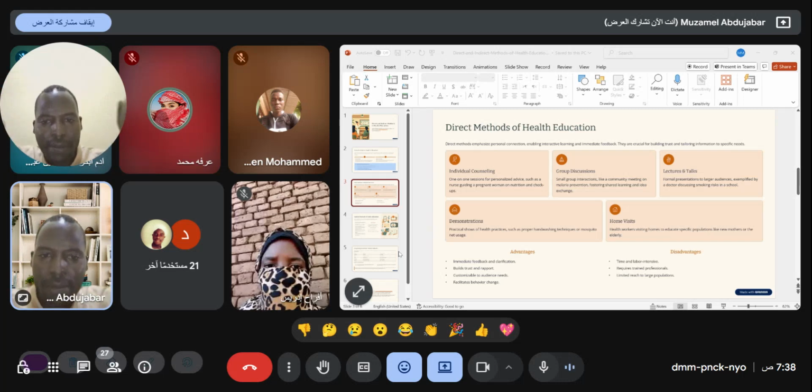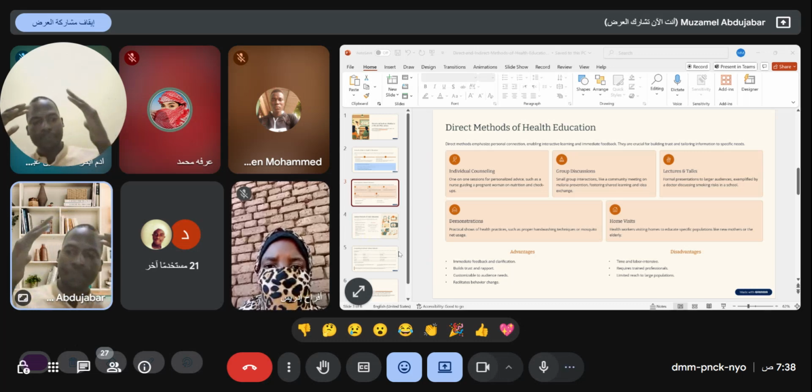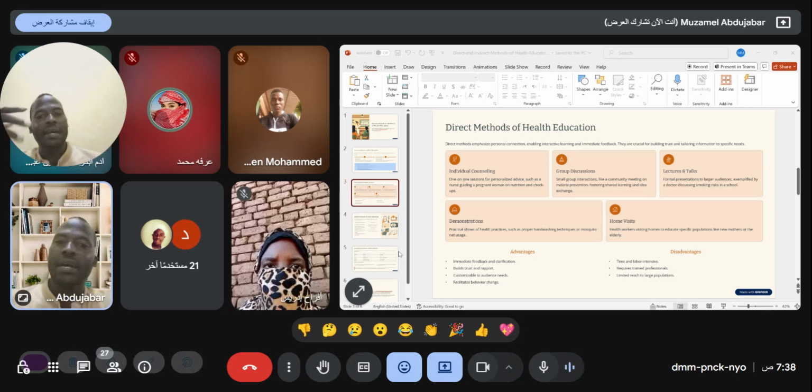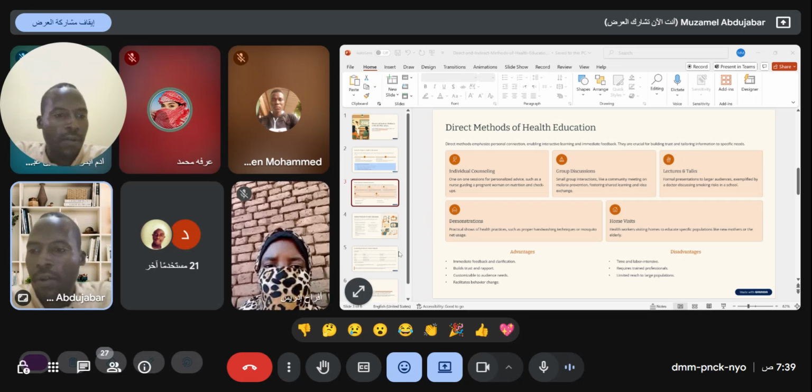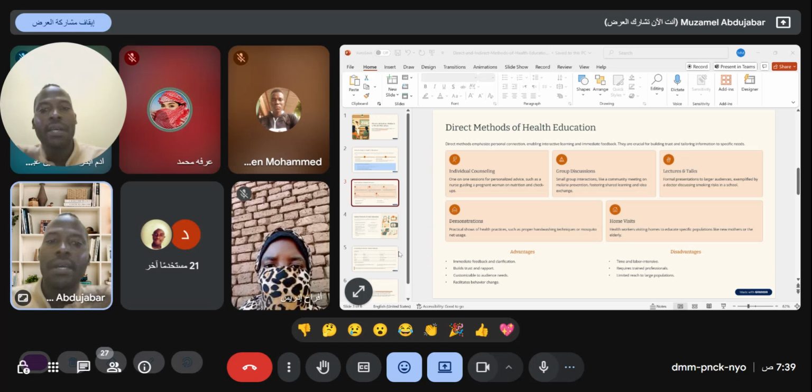When you give someone the information or send them the health message, they can directly give you feedback. For example, ask them what they understand about the prevention of cholera. They can tell you directly, because there is no mediator. This is one of the advantages of the direct method.